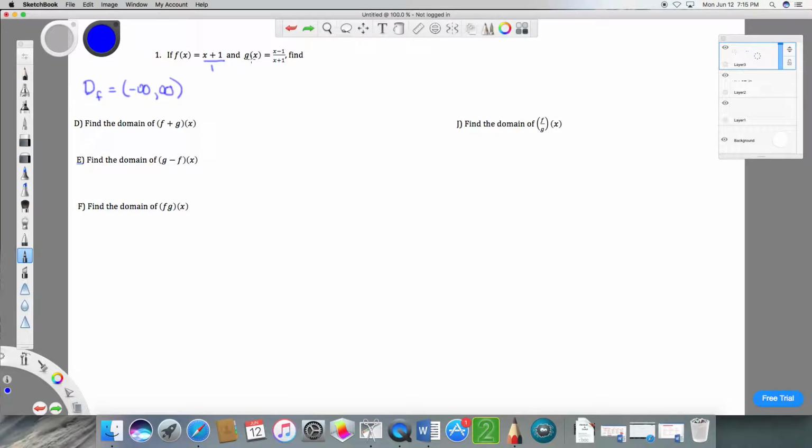When I look at the domain of g, it doesn't have any square roots, but it does have a variable in the denominator. And it's already simple enough to see that negative 1 plus 1 would cause division by 0, so we exclude negative 1 from the domain of g.